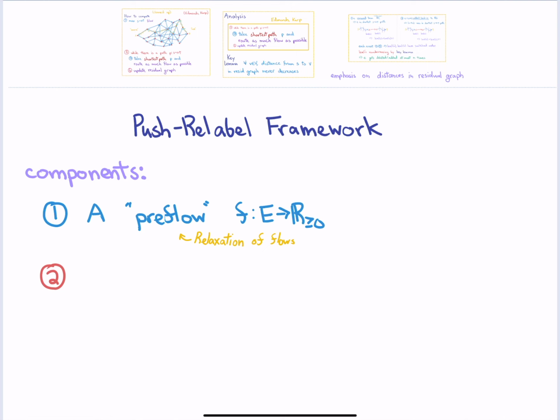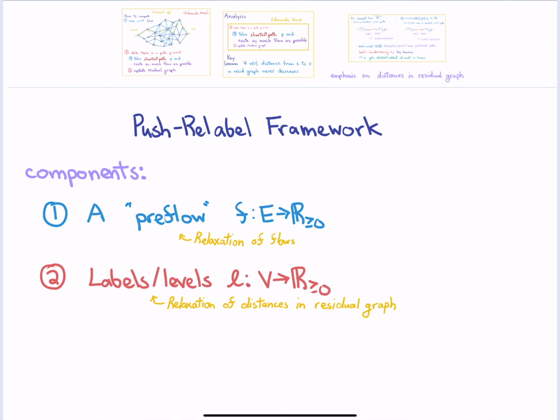And the second ingredient is, in the Edmonds-Karp algorithm, we always just focus on the exact distance from S to every other vertex, as if you ran BFS. And implicitly, we'll do something similar, but not exactly.